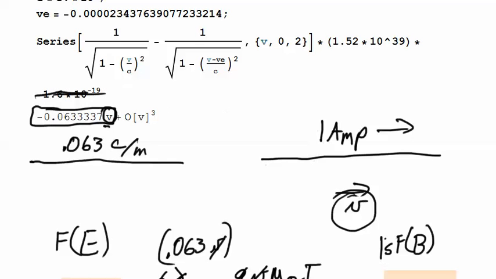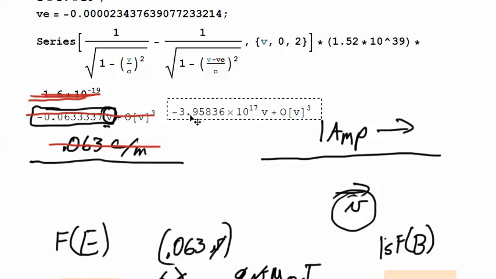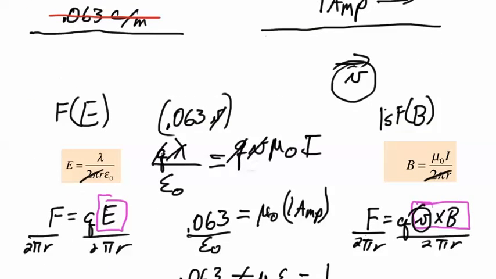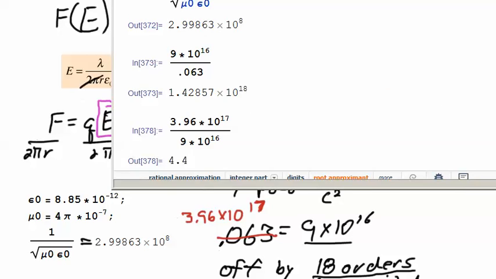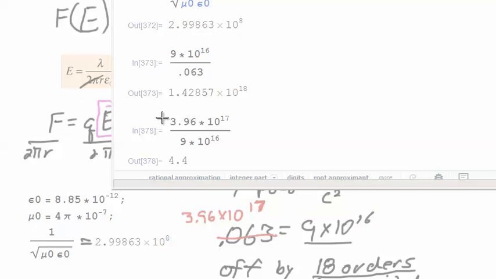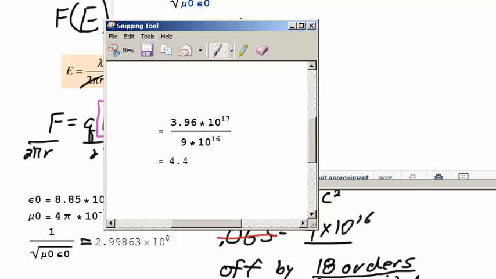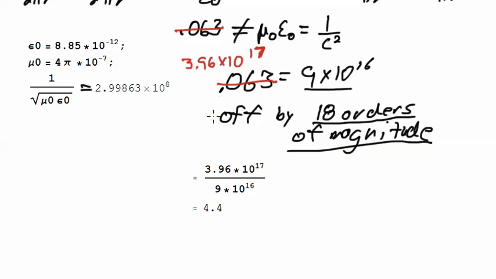Let's cross it out and see. We get this huge number here, 3.96 times 10 to the 17th, which is still off by a pretty wide margin. It actually turns out it is a factor of 4.4.